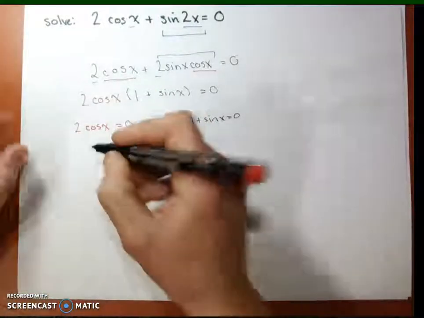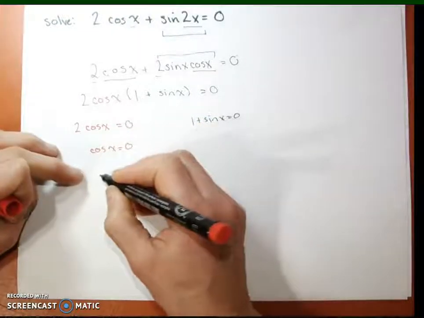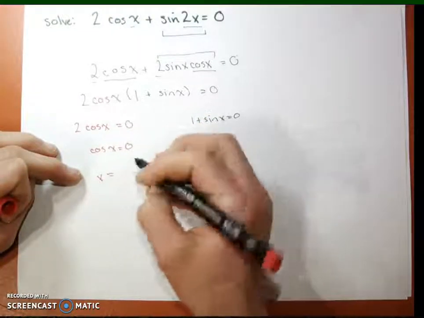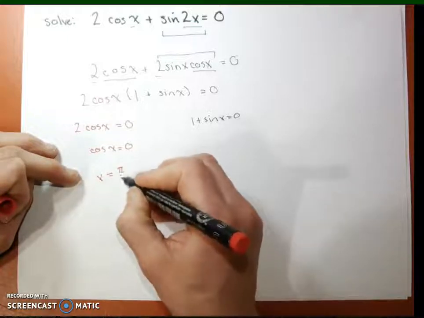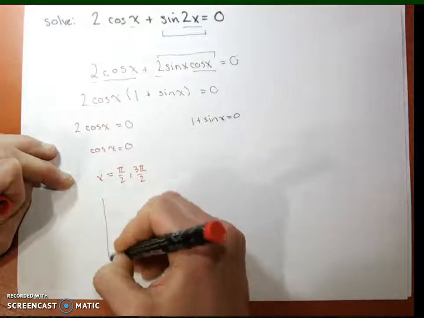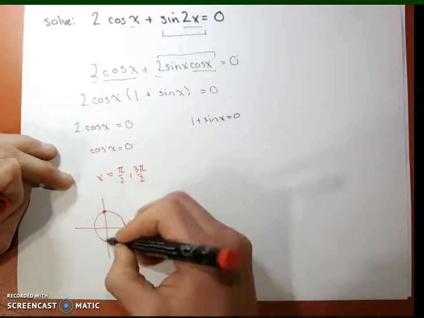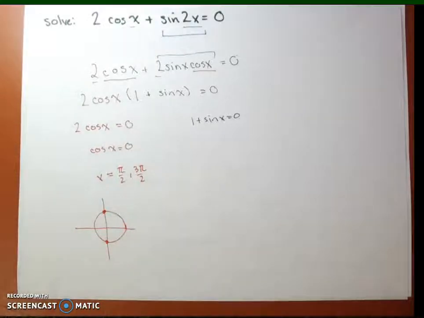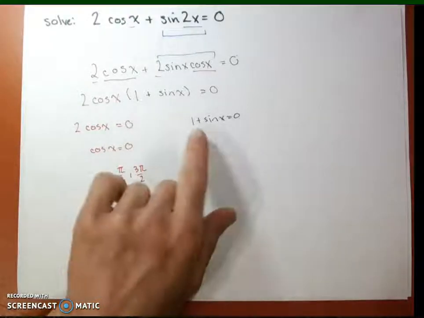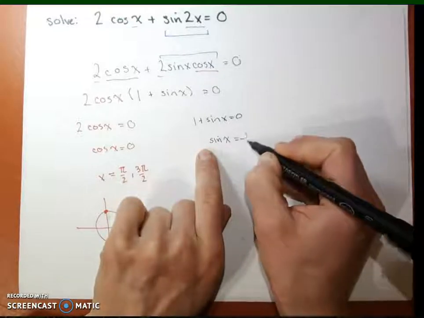From the left-hand one, I learned that cosine x equals 0, and that means that x has to be pi over 2 or 3 pi over 2, because I'm thinking about the unit circle, cosine is 0 at each of those places. Solving the second equation, I see that sine of x must be -1.